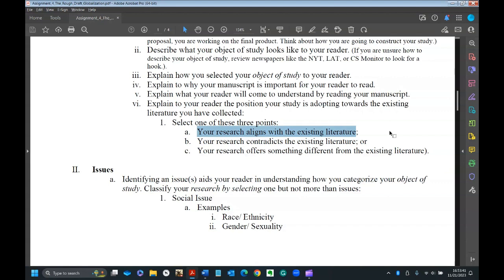Now, just be advised on this point. Just because I'm using a different topic or subject matter, like globalization, the overall logic of how the essay is written is pretty much consistent. Other than the theme and the focus of the courses, the structure of the essay itself doesn't necessarily change.